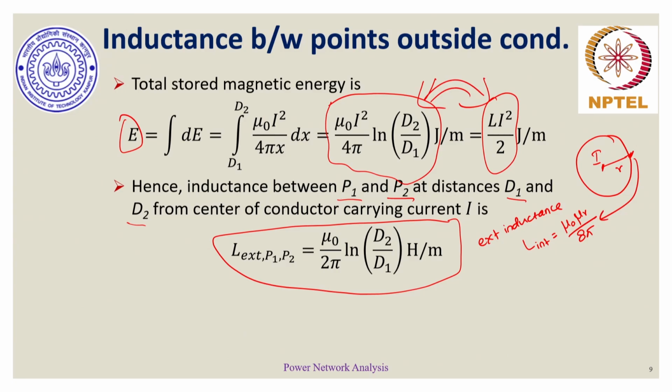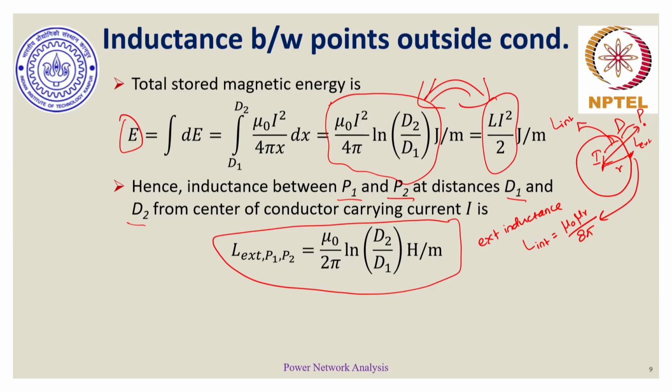If we have to find the net inductance at a point P which is at a distance d from the center of the conductor, we have two inductances in series. The one inside the conductor is L internal. The other is the inductance outside the conductor, which is L external.